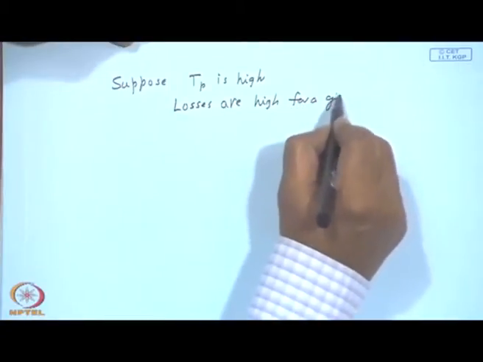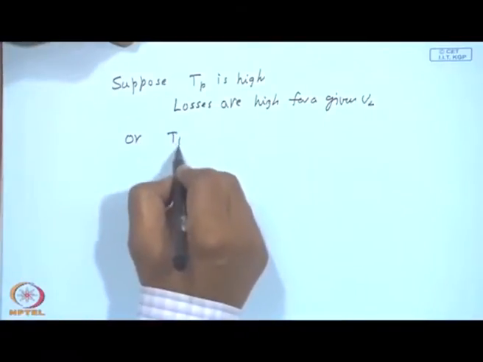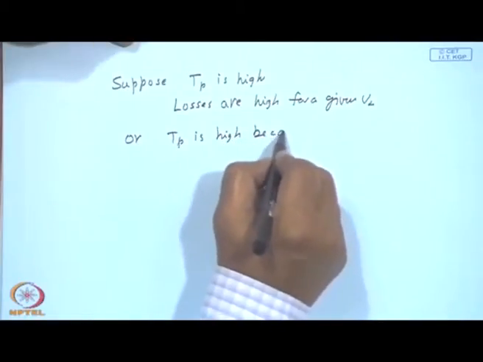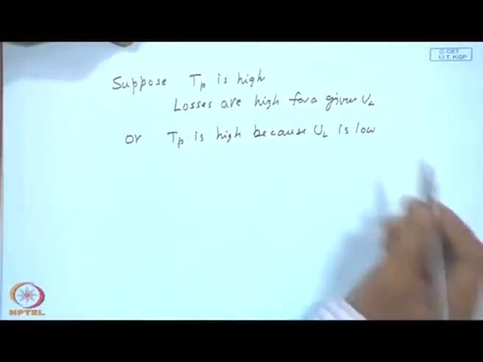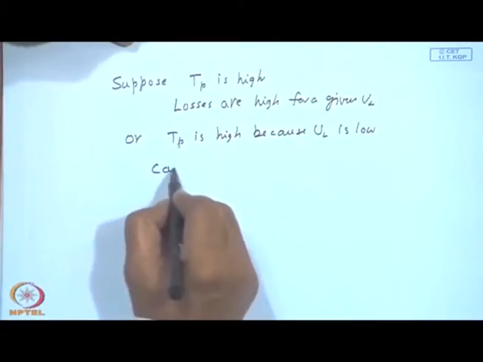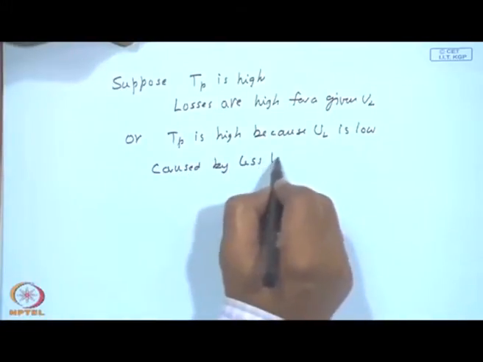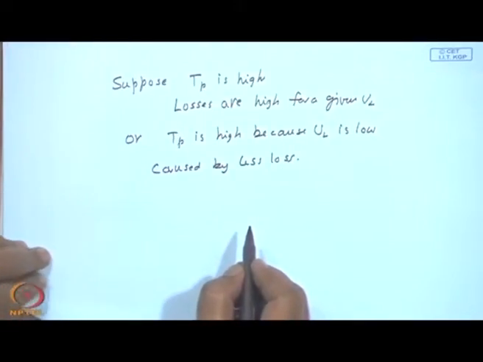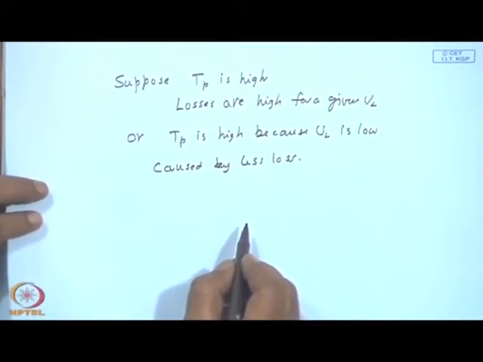For a given U L, T p is high because U L is low, causing less loss. That means, higher T p followed because it lost less. So, there is a possibility of a misunderstanding.